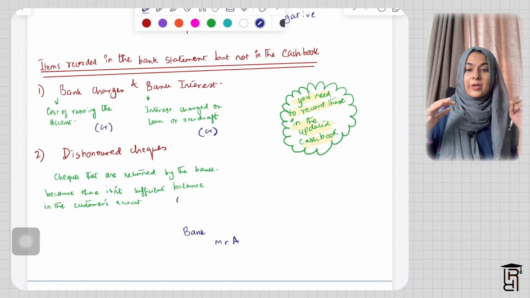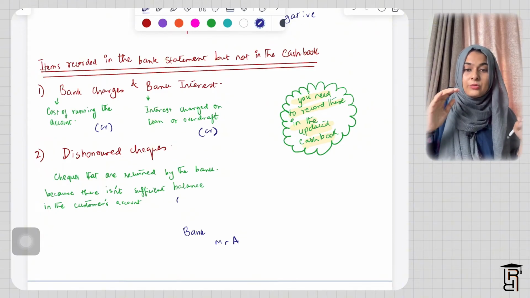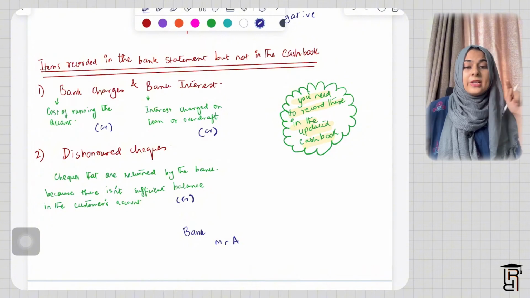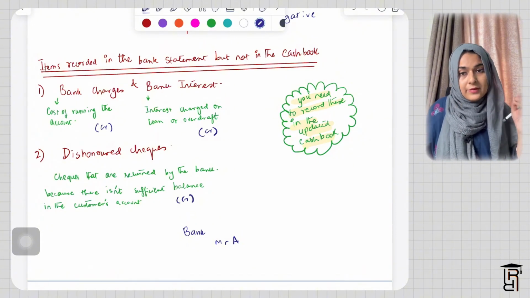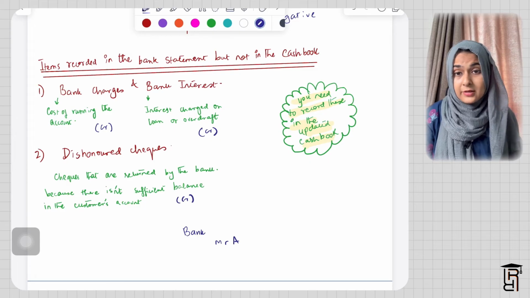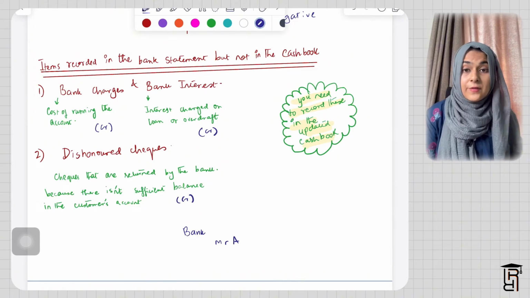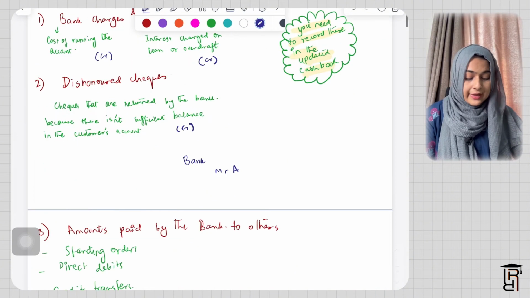The cash book increases on the debit side and decreases on the credit side, so we increased the amount, and now we decrease it so that the amount goes to zero, because we haven't received the money from Mr. A. So dishonored checks are recorded on the credit side of the bank column of the cash book.